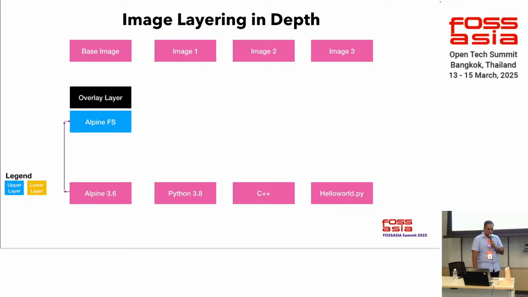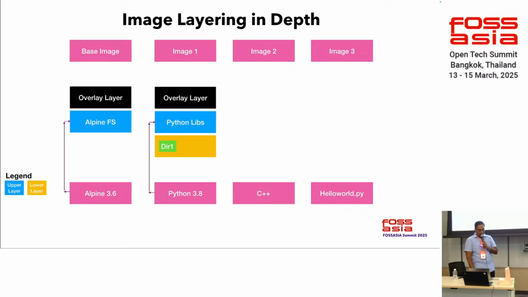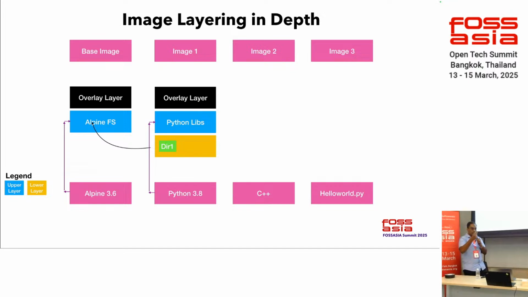That is sent to the upper layer, and the overlay layer is basically reflecting the upper layer itself, which is the base image. Next, what happens is the Alpine file system that was there in the upper layer in the previous Docker image goes and sits as a folder in the lower layer. Okay, and the next Dockerfile instruction goes into the upper layer.